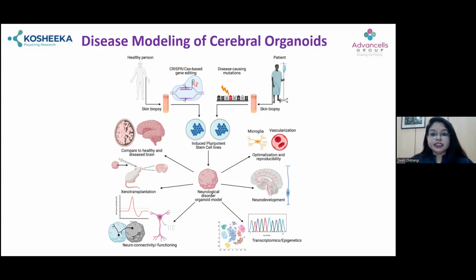On the other side, the second approach is for a patient who is carrying some mutation: you directly take a biopsy from that patient and create your organoid, which you can use for PDX, xenotransplantation, neurodevelopmental studies, genetic studies, and vascularization also. So these are two different approaches for disease modeling.